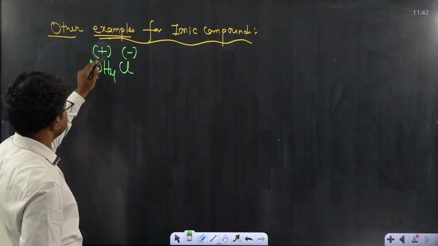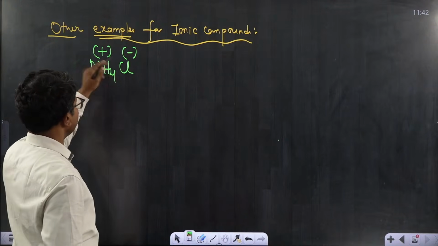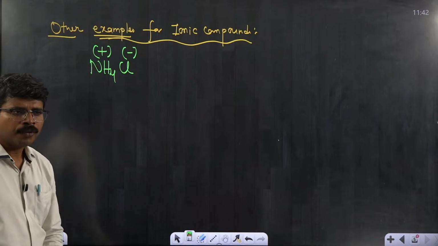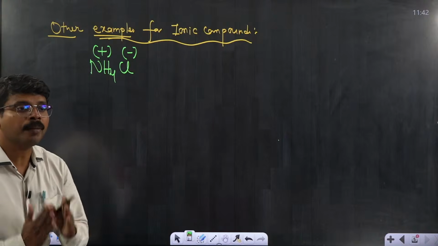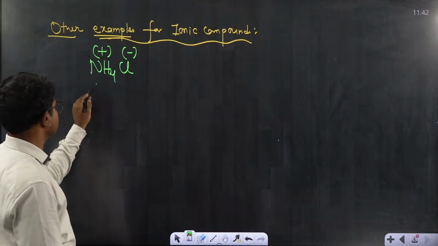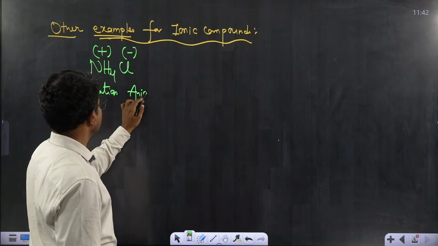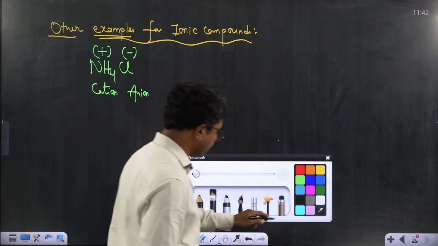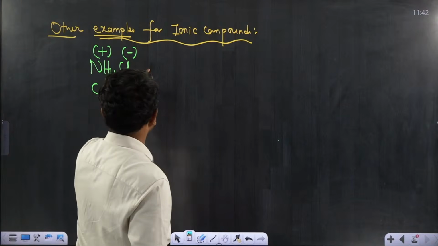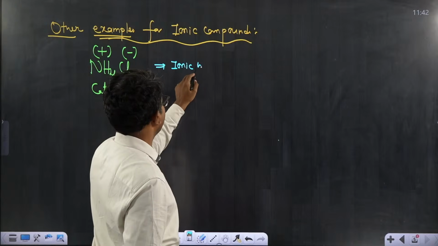Here ammonium carries positive charge and chloride carries negative charge. These oppositely charged ions will have electrostatic force of attraction. Therefore, we can expect the ionic bond between ammonium and chloride ion. This is cation and this is anion. As we know, the bond between cation and anion is considered as ionic bond. Therefore, in ammonium chloride, we will find ionic bond.